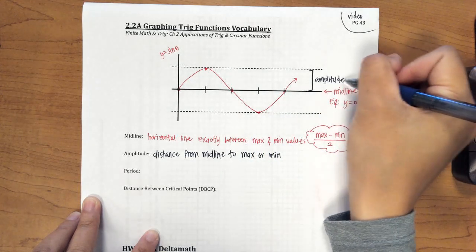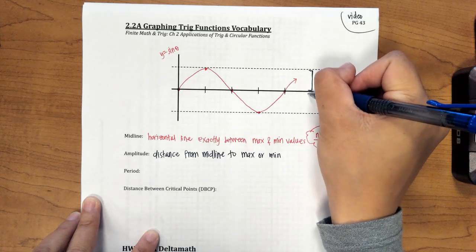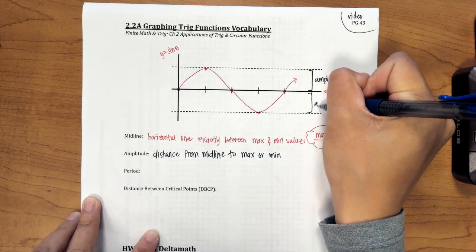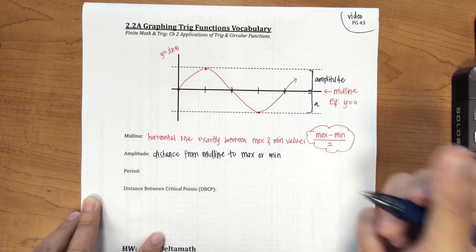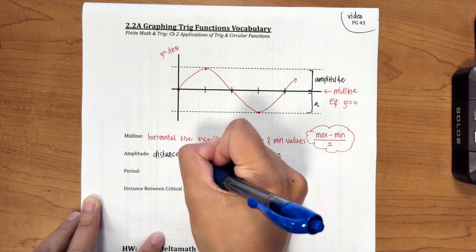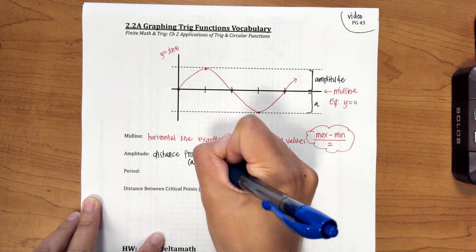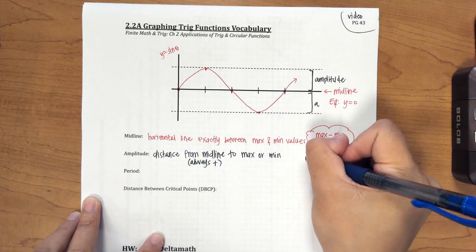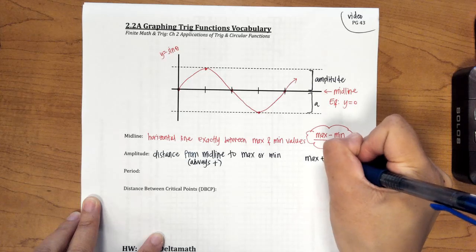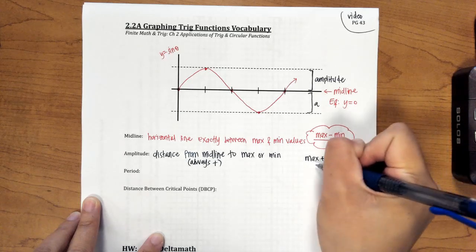So it could be the value above, or it could be this value here. Now, because this is a distance, it is always positive. Okay. And our formula for this is max plus minimum divided by 2.